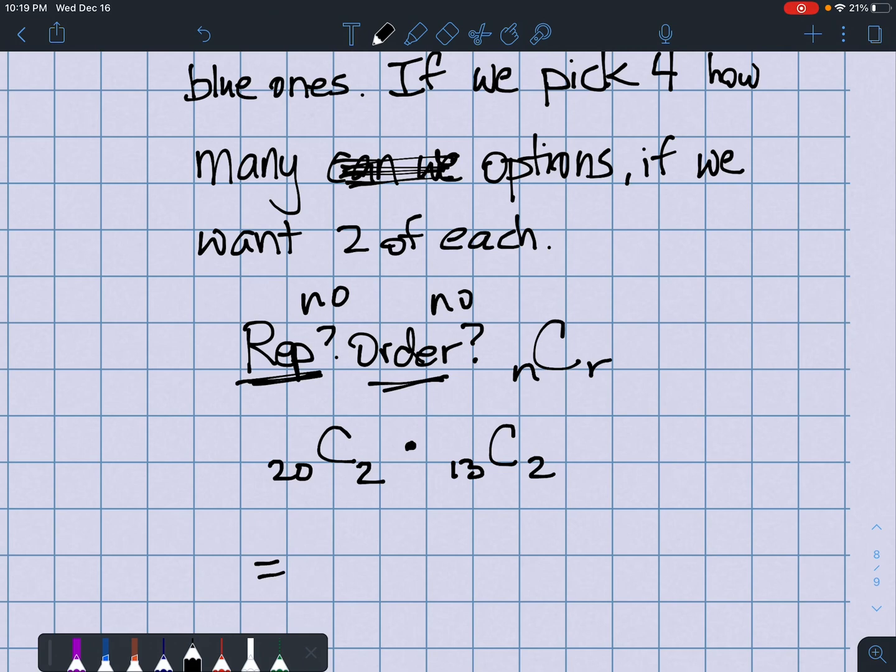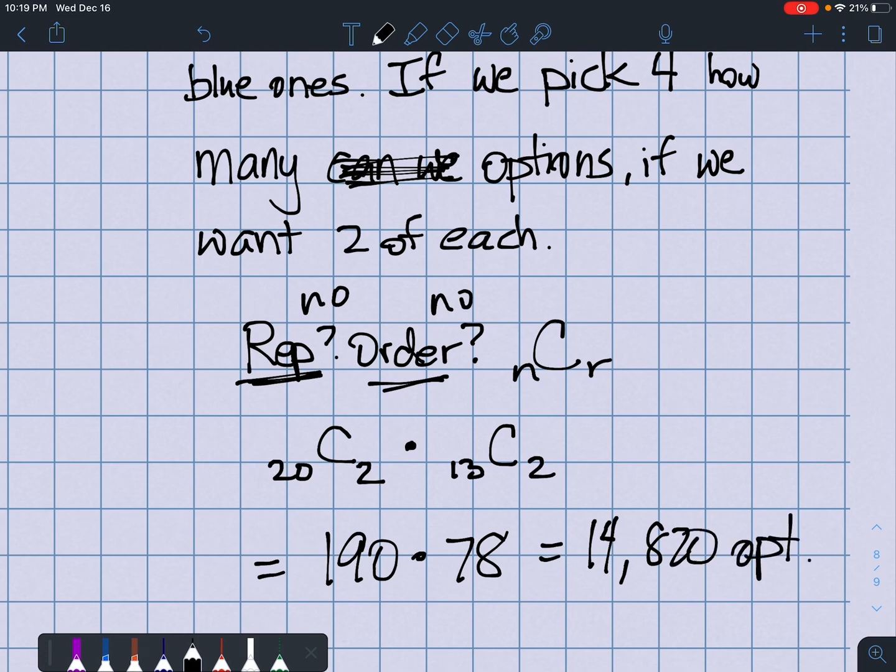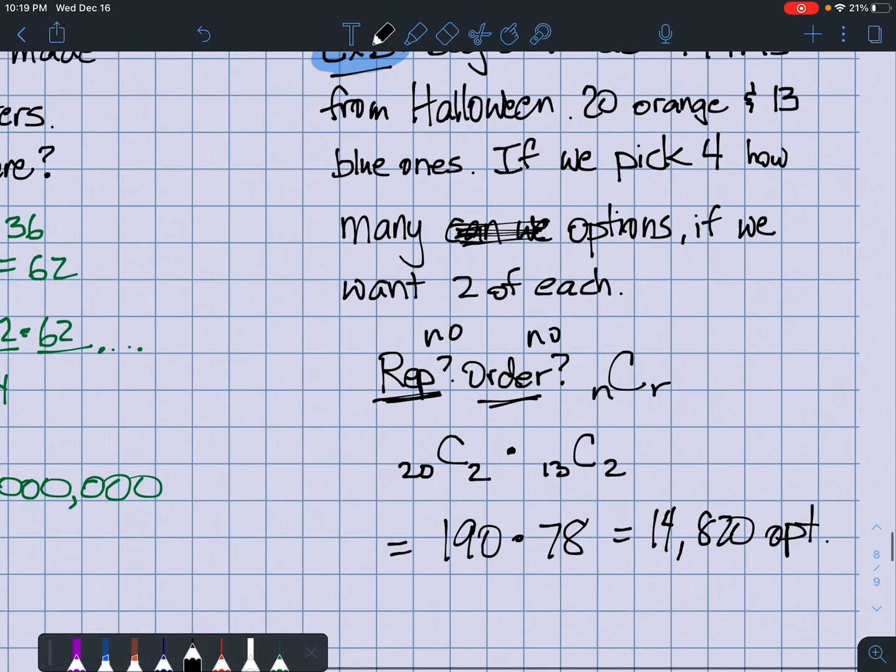All right, so I grab my calculator and I choose 20 choose 2, and we get 190. And then 13 choose 2 is 78. So times 190, that gives 14,820 options for, again, choosing 2 of each.